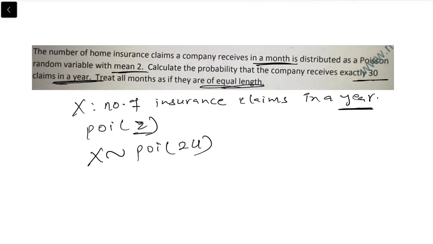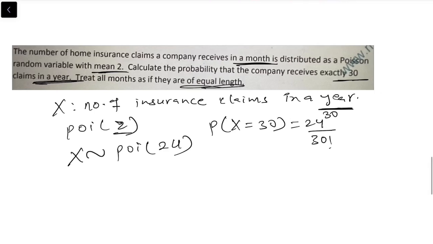So this becomes 24, right? 12 times 2, 24 for a year. Now the required probability is probability x equals 30 for exactly 30 claims. This is 24 to the power 30 over 30 factorial times e to the power minus 24, which is 0.0363. All right, so this is how you can solve problems on the Poisson distribution.